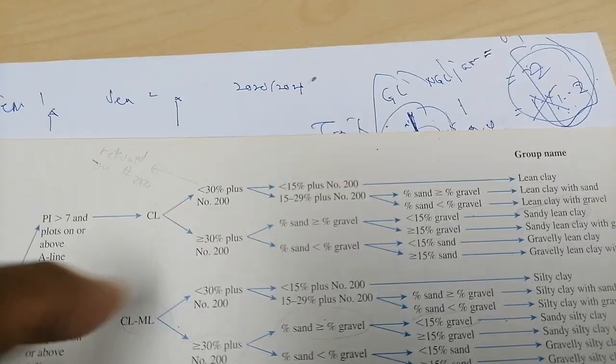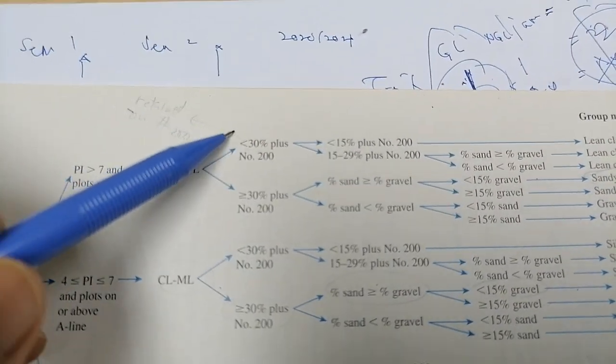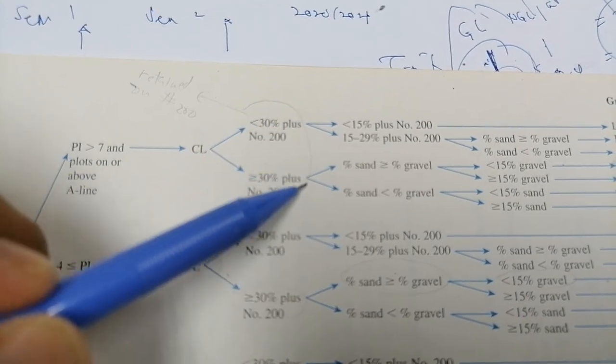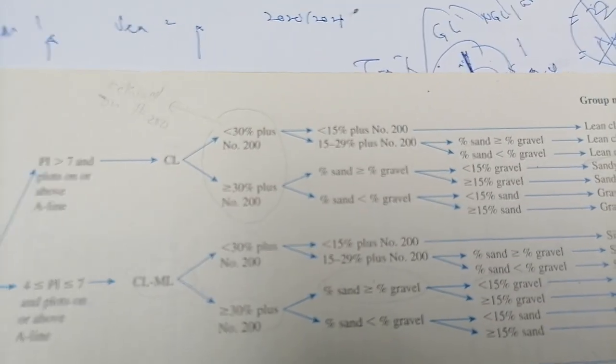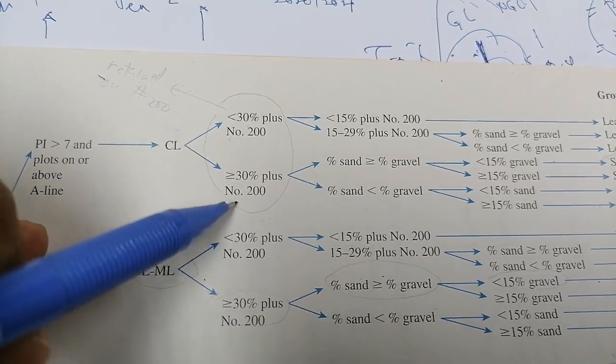Okay, this is your CL. Now, okay, so can you see these two arrows? So now we want to know whether it is the first one, the top one, or the bottom one.